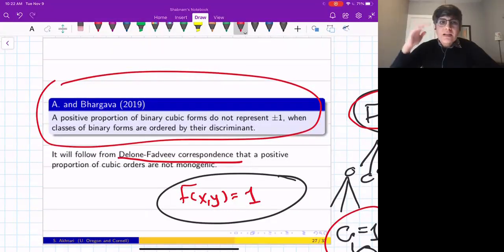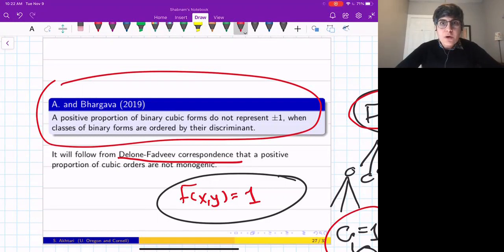I think so. Yeah, I think so. But whatever conjecture means, yes. I haven't worked for very long in this field to have my own feeling, but my understanding is that when you have higher degrees, it's harder to find a monogenizer. So I do think that it's for higher degrees too.